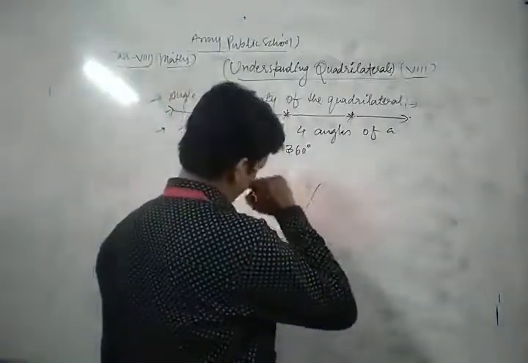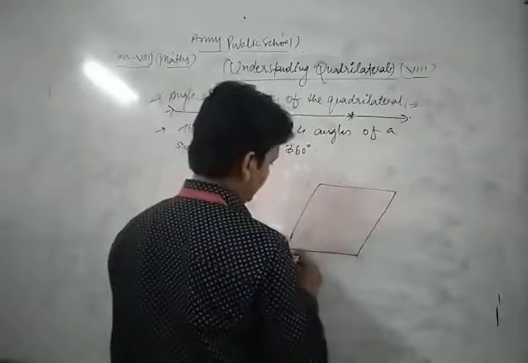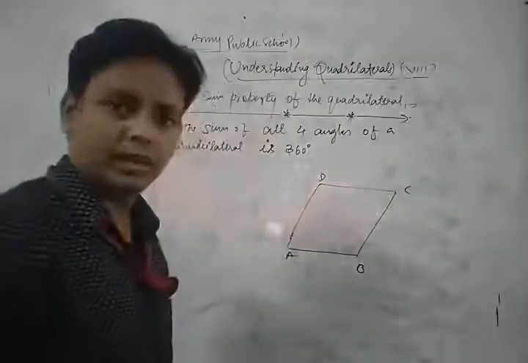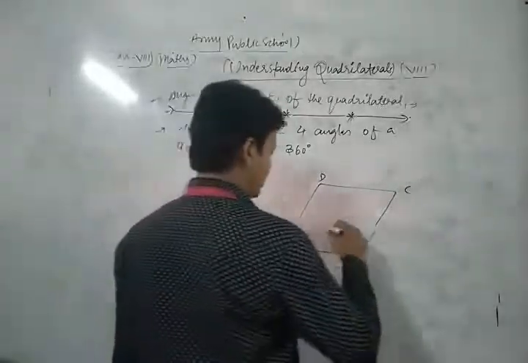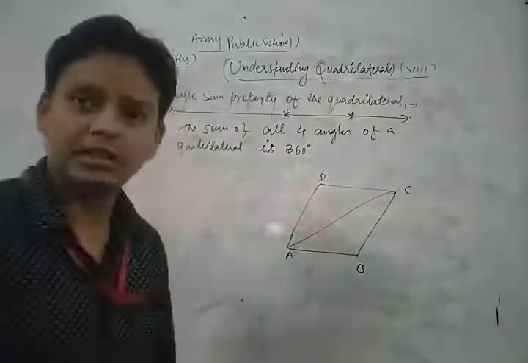Yes, first, suppose that we have a quadrilateral ABCD. Okay, now we have to do some construction. Now we join AC. AC is what? A diagonal.